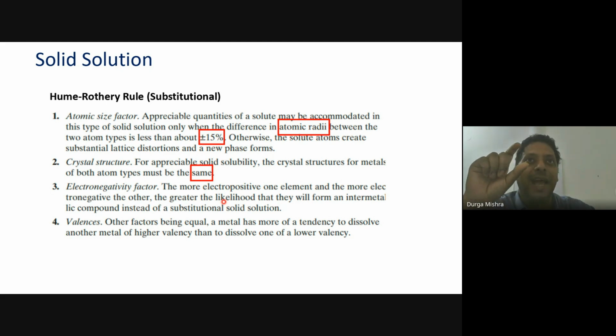If I am adding an atom B into atom A, and I know the valency of both atoms, the valency of B, which I am substituting, should be the same as the valency of A, or should be more than the valency of A. If it is less, again it will form the intermetallic or other phase.